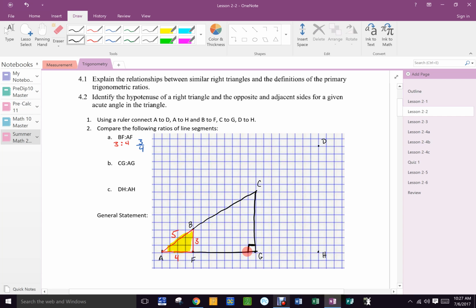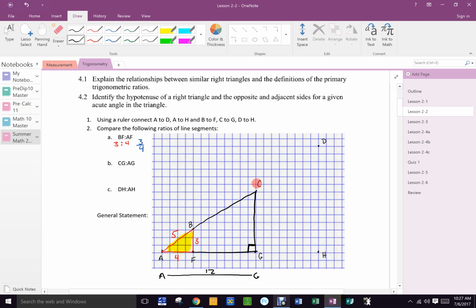How far is it from A to G? 12. And how far is it up and down? How far is C to G? 1, 2, 3, 4, 5, 6, 7, 8.